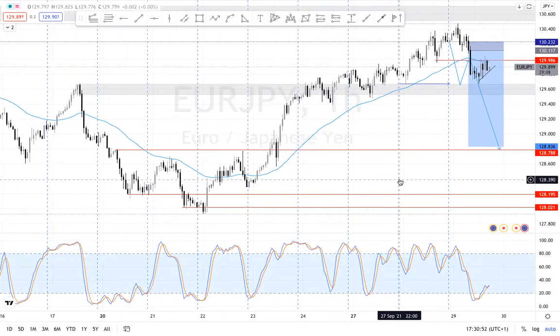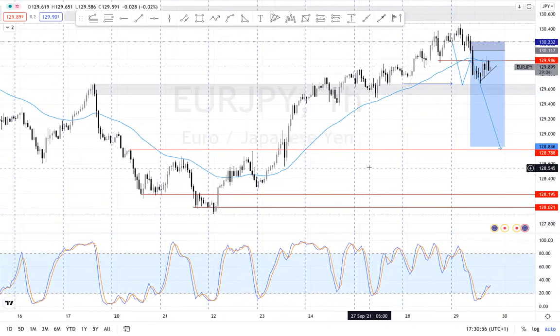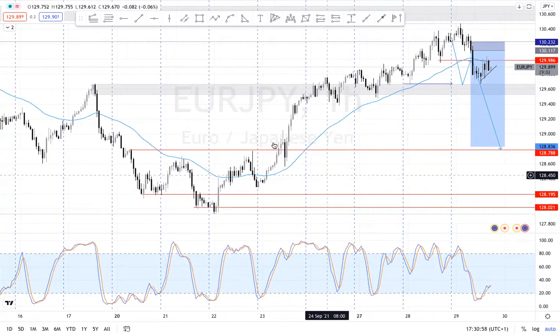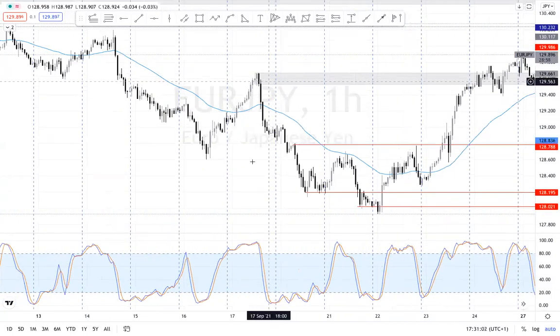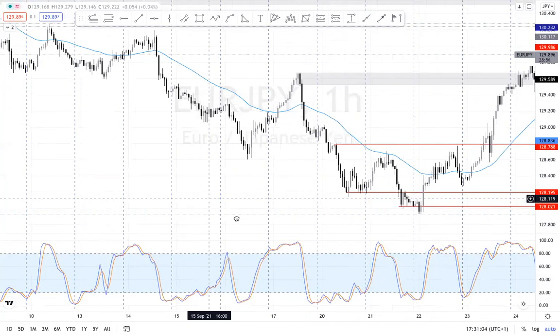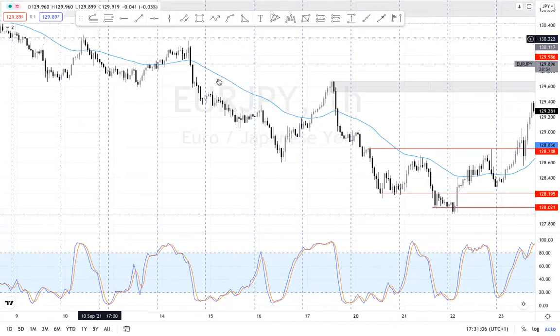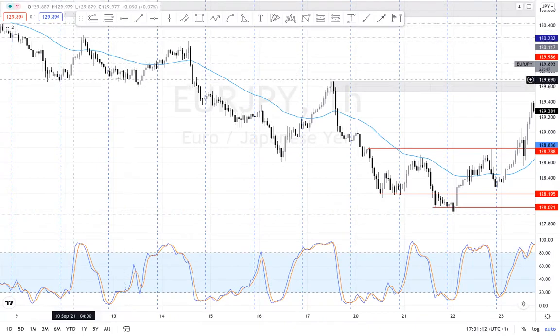So understanding the use of stochastic in a market is very important. Now, this is the sell side. The market is in a downtrend. You can see here, this was the structure that was taken out.